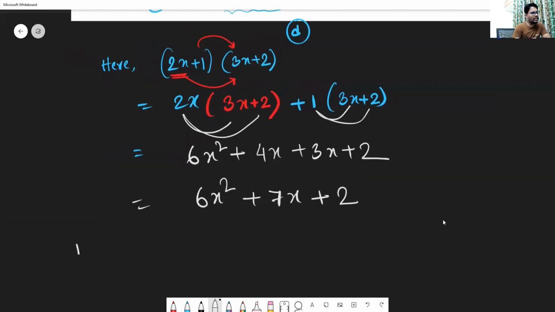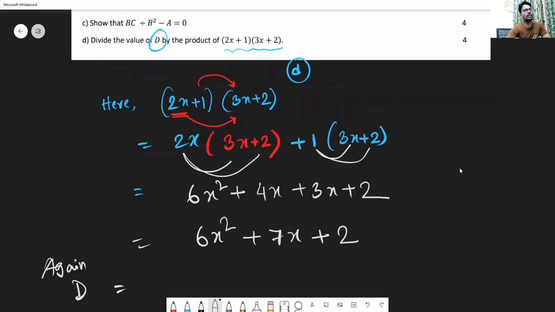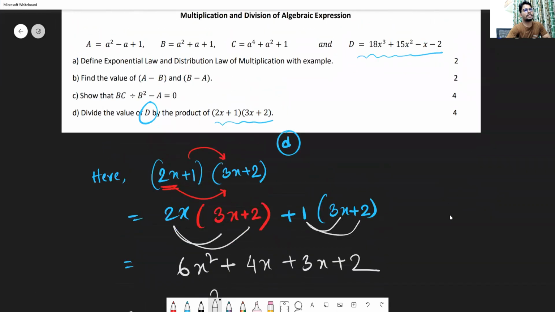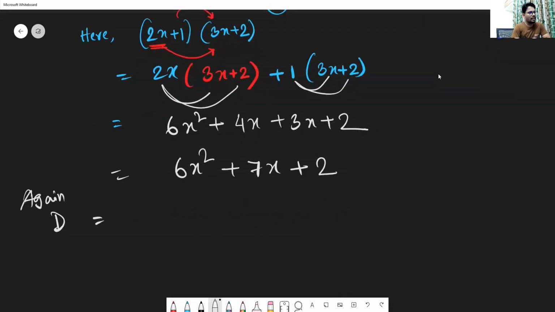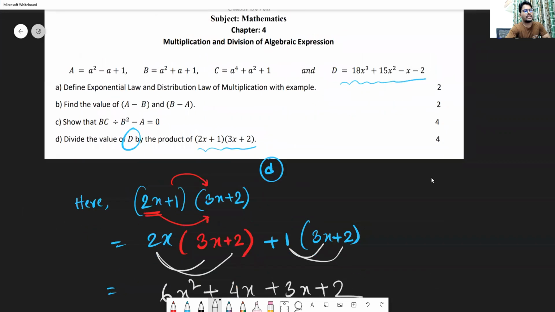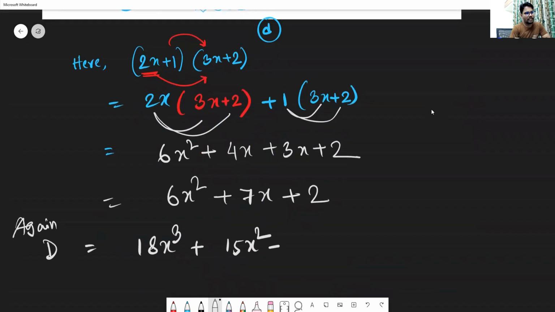Again, the value of d is given here. d is equal to, from the question we see here, 18x cube plus 15x square, and another two terms, minus x minus 2.